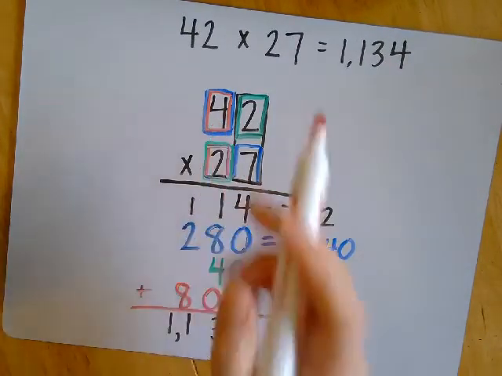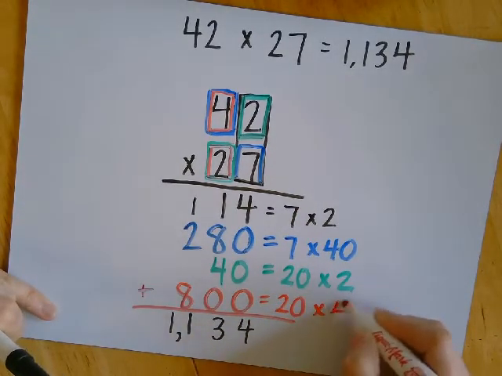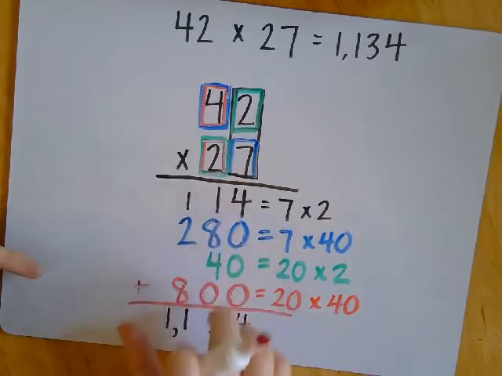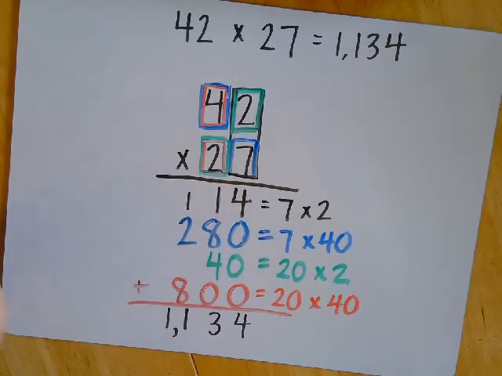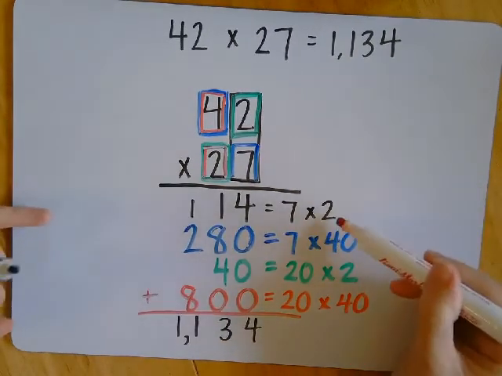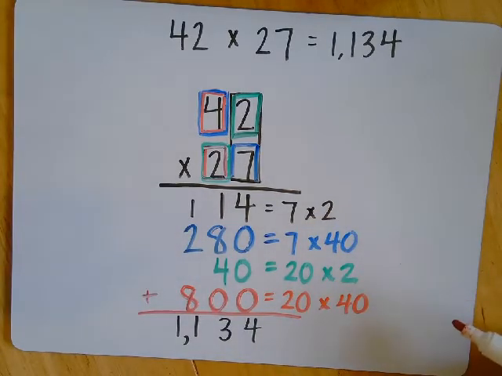And then 20 times 40, which gives me 800. So again, I'm setting this up because this will get us more familiar with the standard algorithm. But going back, you could still see where the partial products came from.